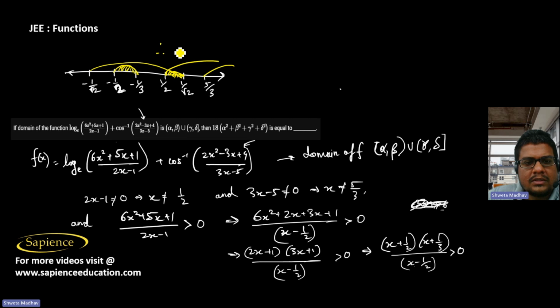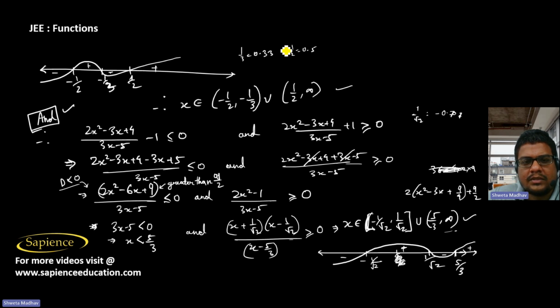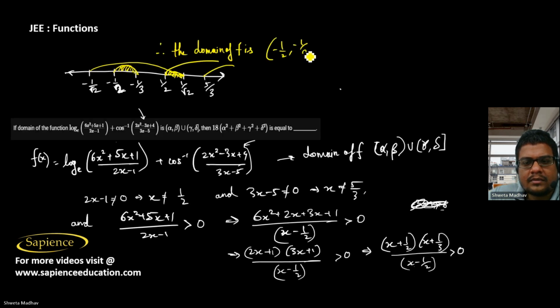So therefore the required domain of this function f is minus 1 by 2 to minus 1 by 3 union half to 1 by root 2.